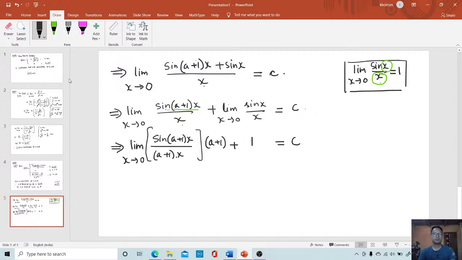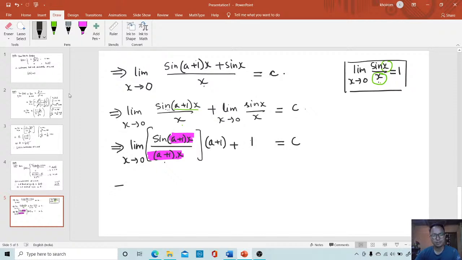We get the sin argument with a plus 1 x, because in order to apply this formula we need sin of x over x, and here what we have is a plus 1 x, so we multiply by a plus 1 in both numerator and denominator.